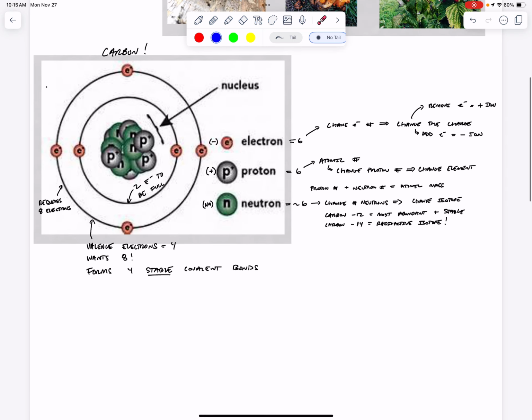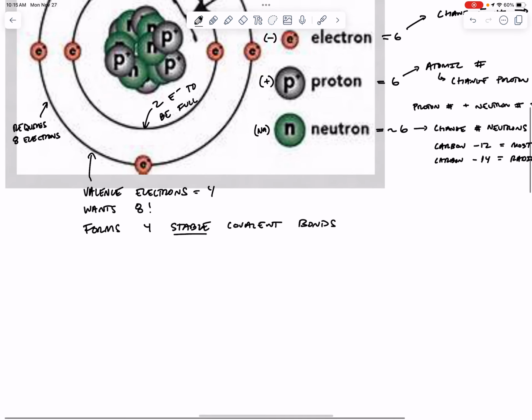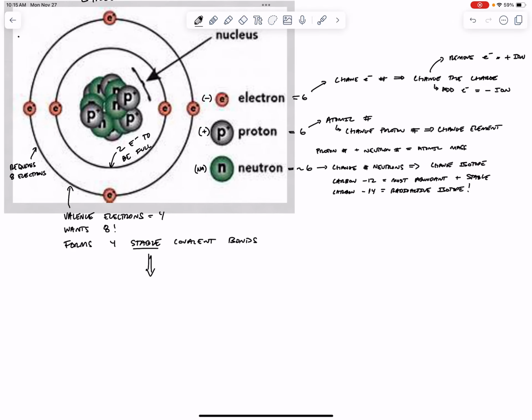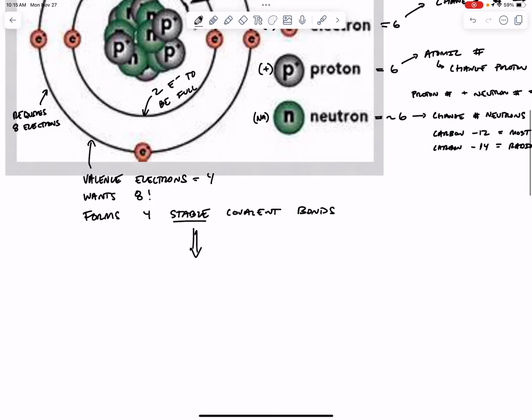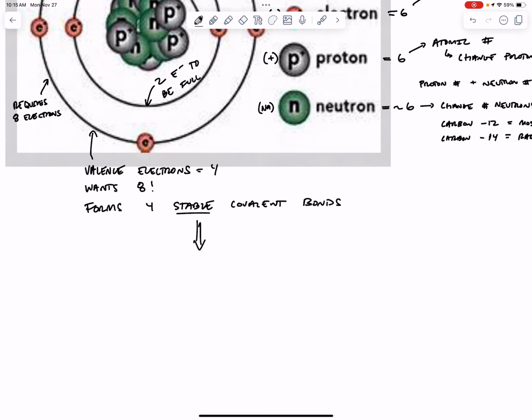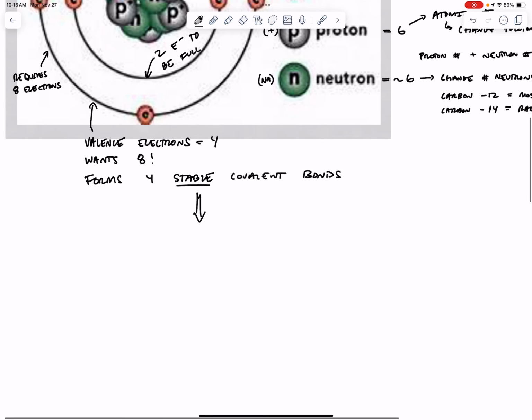So because carbon can form 4 stable covalent bonds, it forms very complex structures. So this property that it has of only having 4 valence electrons in the outer shell means that it forms complex structures.